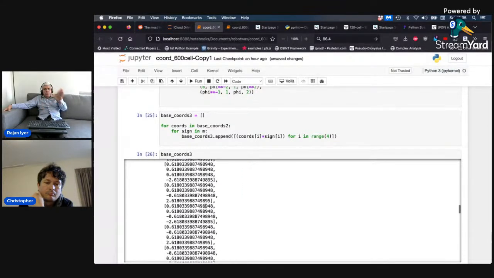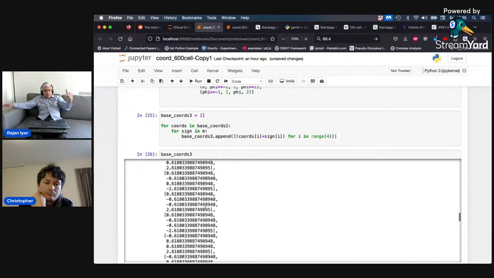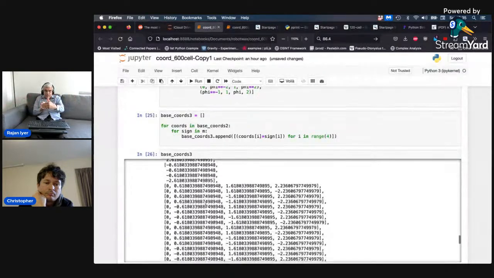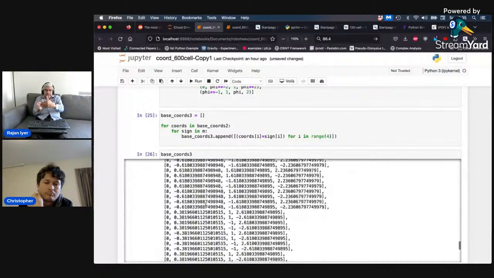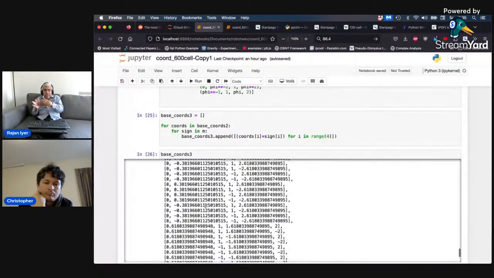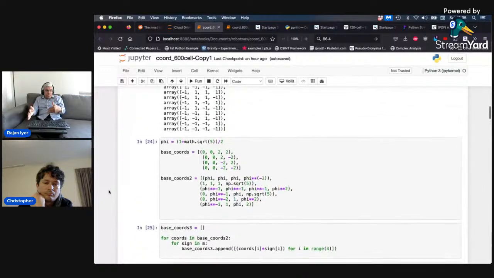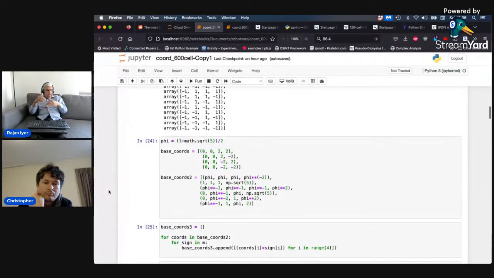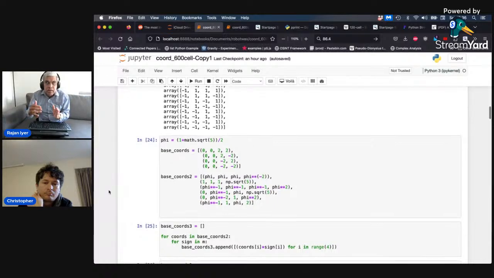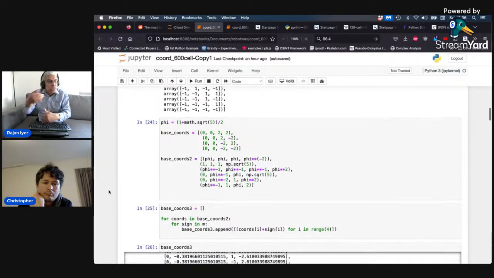Then you have to use the rank, because they have a specific direction, they move in a certain way, and they are sequential. Only when you do X can you do Y. Then only when you do Y can you do Z. And you cannot do it the other way. So they don't commute.